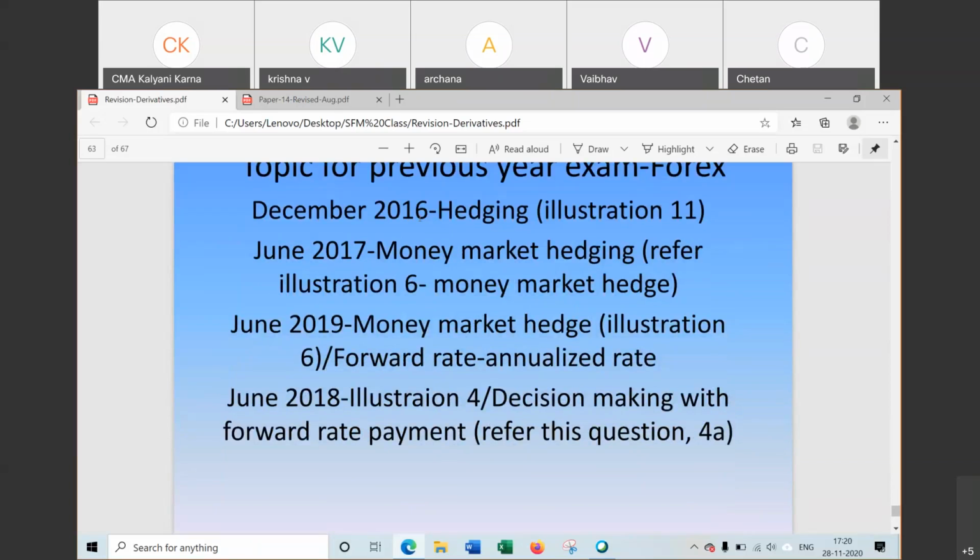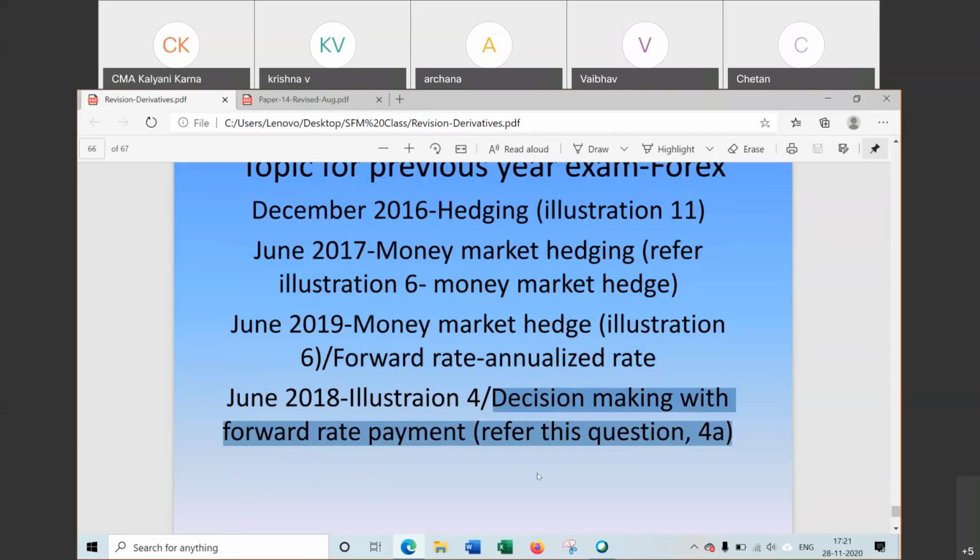December 2016, again illustration 11. June 2017, money market hedge, illustration 6. June 2019, money market hedge, illustration 6. Based on this one. Then forward rate, annualized rate, illustration 4, that is computation of annualized rate. June 2018, illustration 4 has been asked, and decision with forward rate payment.